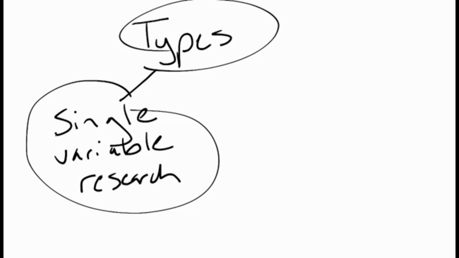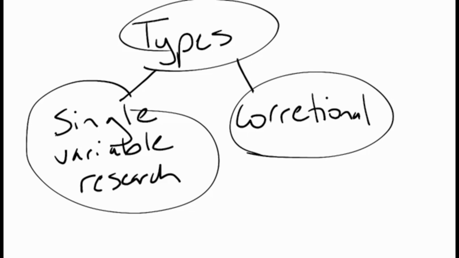A second type of non-experimental research is correlational research. Correlational research is when you look at the relationship between two variables of interest. So for example, you could look at the relationship between exposure to sunlight and symptomology of depression.